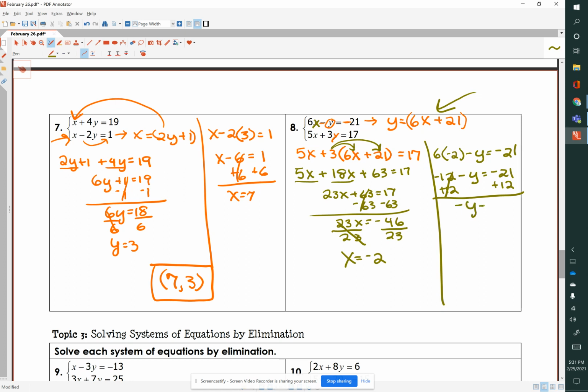Negative y equals 9. And that's going to be a -9. And then we divide both sides by -1, so we can isolate y, and y equals a +9. So our ordered pair is -2, 9.